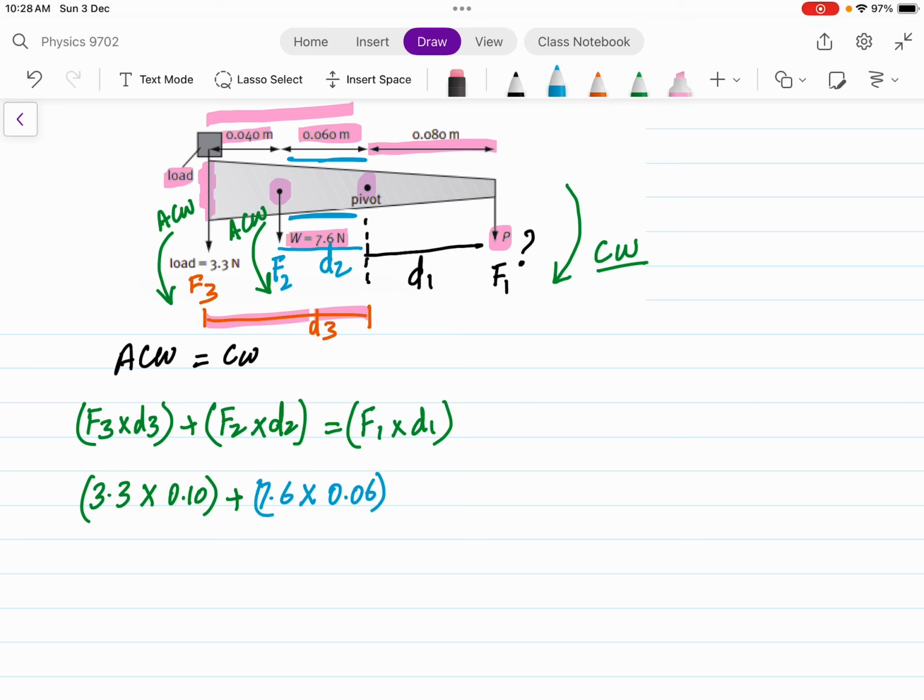Then we have F1, which is this force, P, and its corresponding distance, 0.08. All right, now this is what I have to find.